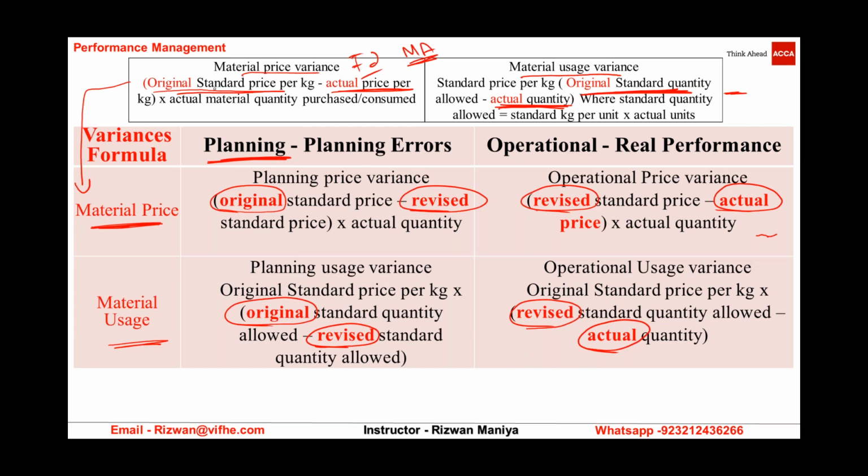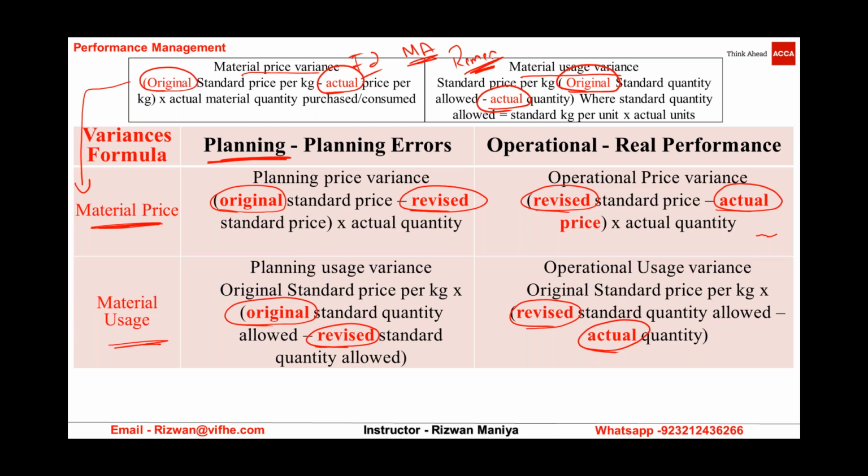Now can you see this bold red here as well? It's the normal F2 formula, these ones. So if you remember these normal F2 formulas, then planning operational is peanuts for you. Peanuts. Yes, I'm telling you, $1 million technique.